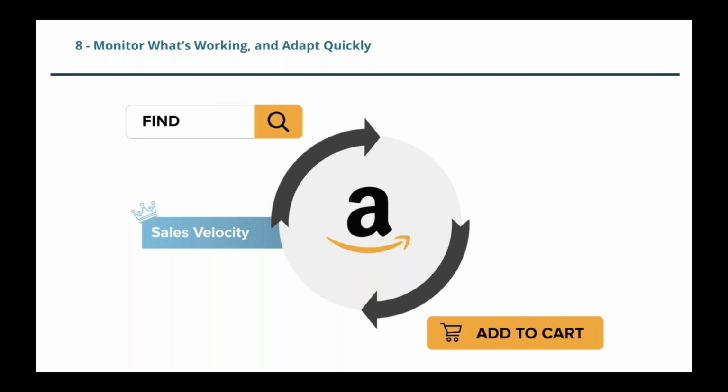So there are two things that go into sales velocity. One is how often are you discovered or found by shoppers, and how often do they add you to their cart? So you can think of this as a feedback cycle. And you're either on top of this wheel, working to your benefit, or you're being crushed by it. And that's just the nature of the Amazon algorithm.